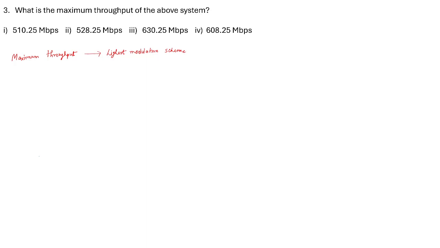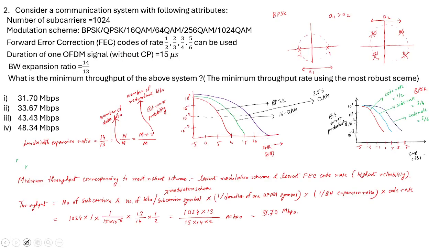That's why we are going to use the highest modulation scheme to achieve maximum throughput. And also you cannot spend much on redundancy, so you are going to choose the highest possible code rate available. For our example, the highest possible code rate is 5/6.